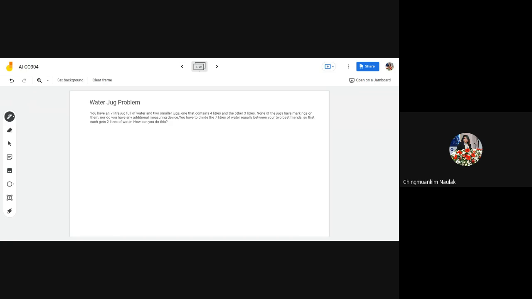In this you have some constraints. You are given two jugs without knowing their capacity, without any markings on them. We're going to assume two jars, the first jar and the second jar.